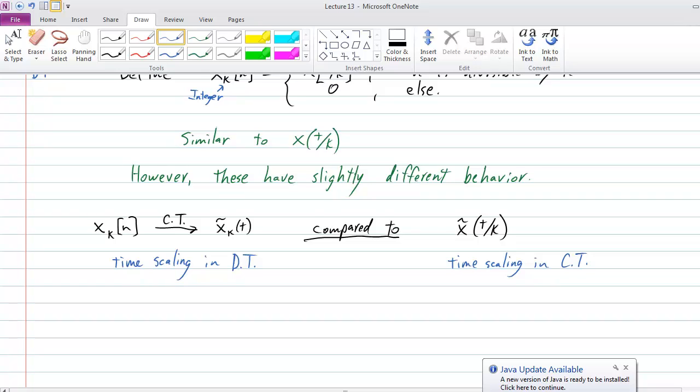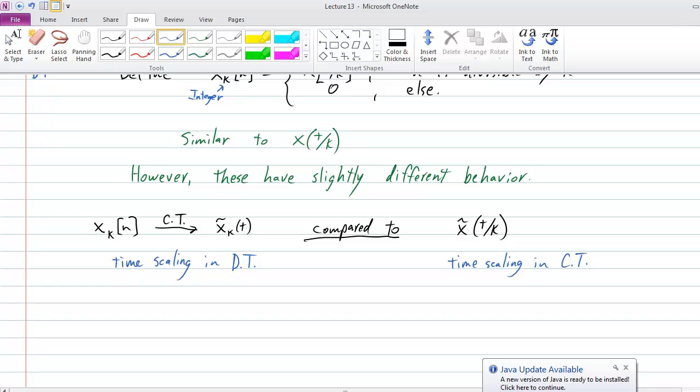Remember that if you scale a delta function, you affect the amplitude of it. So recall that delta of A t equals 1 over A delta of t.